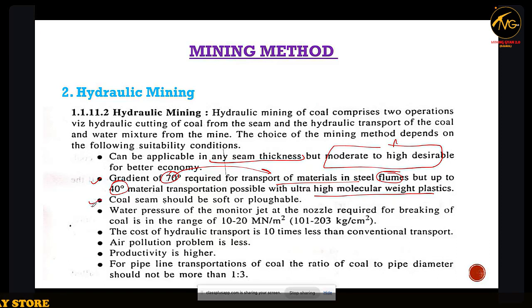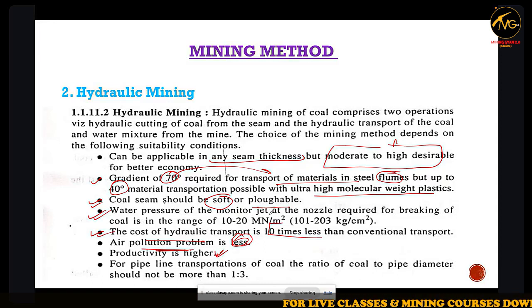Then we have seen it is used for the shop and plowable. It is cost effective, 10 times lesser, air pollution will be less, productivity is higher, and the ratio should be more than 1:3.